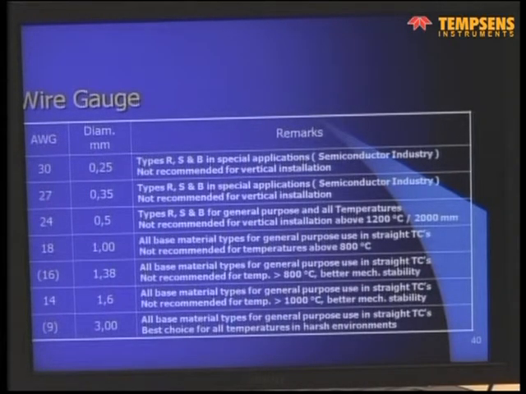For example, a noble metal thermocouple of 0.25 millimeter in diameter, the upper line in the table, if you mount it vertically, the maximum length is ½ meter. If it is longer at higher temperatures, it will disconnect by its own weight.